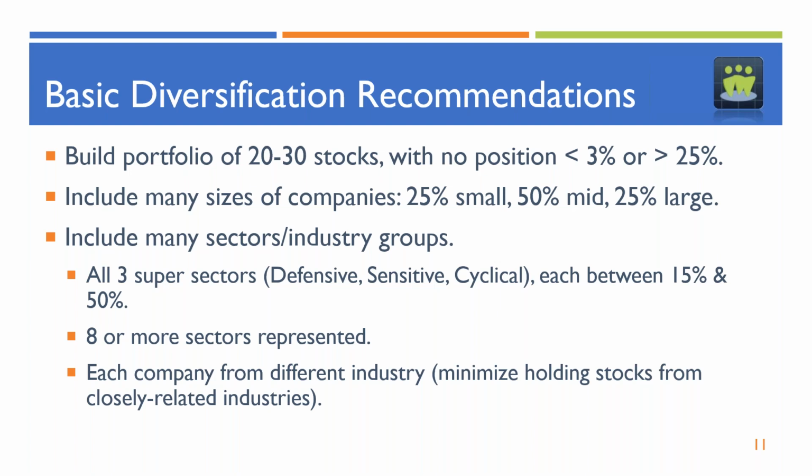My suggestion is that you include all three super sectors, defensive, sensitive, and cyclical, in each between 15 and 50% of your total portfolio. There's no real guideline for how much of your portfolio you want to diversify in the different super sectors, but that's a rough guideline and you can adjust it as you see fit. You should have 8 or more sectors represented.